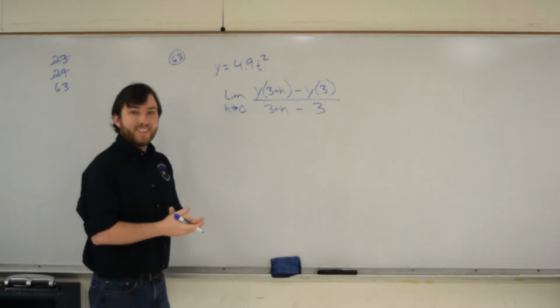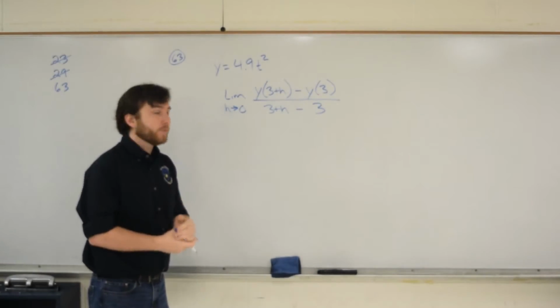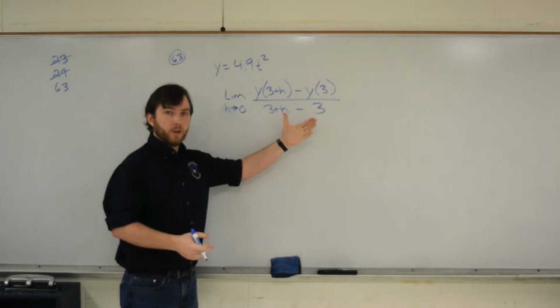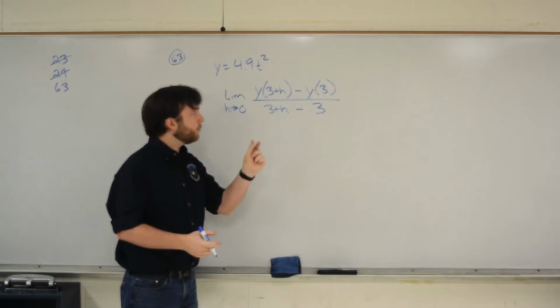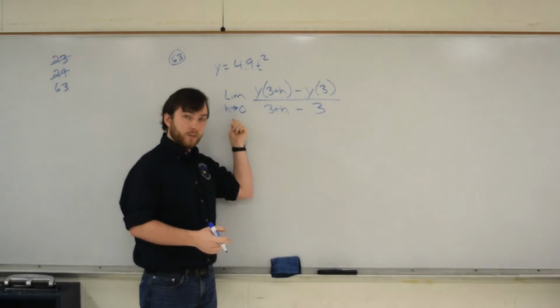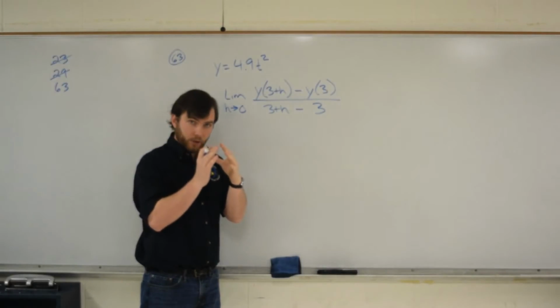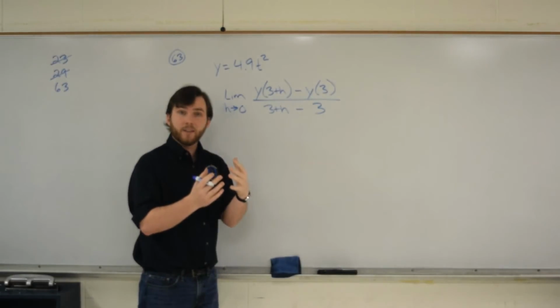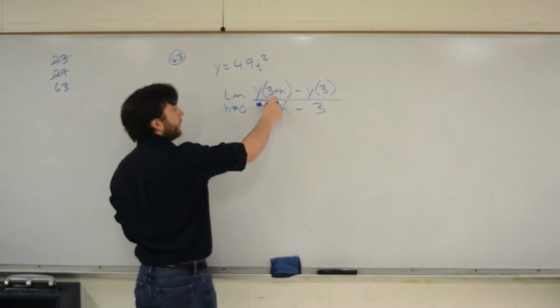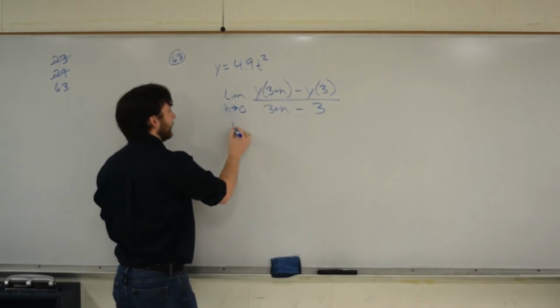To find the instantaneous velocity at 3 seconds in, we need to use a limit of our difference quotient, looking at two very close points, 3 and 3 plus h. As h goes to 0, these 2 points become closer and closer, so that the average velocity approaches the instantaneous velocity. Need to plug 3 plus h in for t.